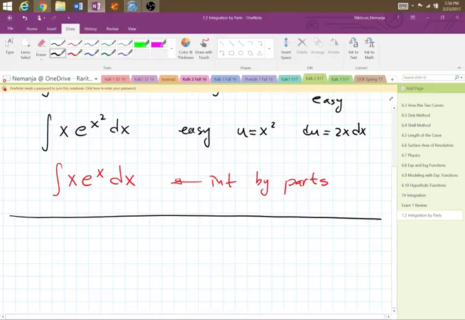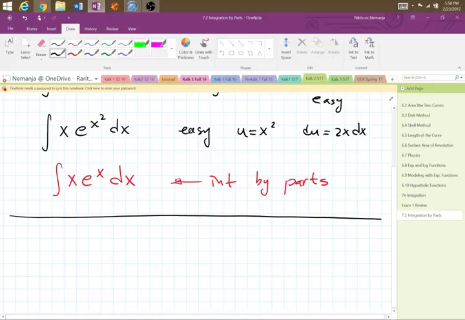Now, what was u sub? Does anyone know in the class? What is u substitution? Reverse chain rule. Very good. So when you had the chain rule, you would say that the derivative of e to the x squared is 2x e to the x squared, and the integral would be just backwards of whatever you had.